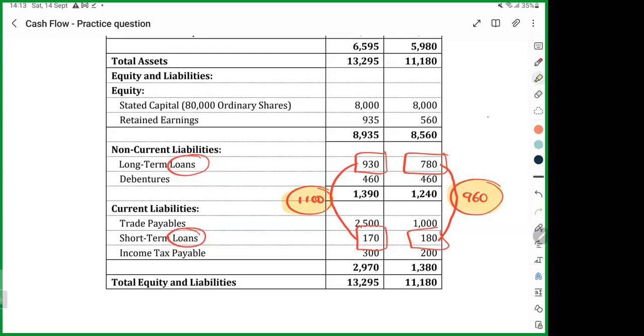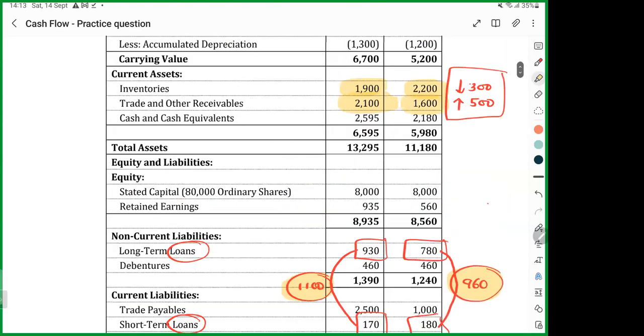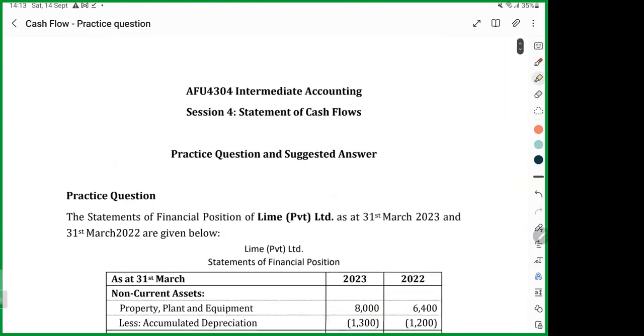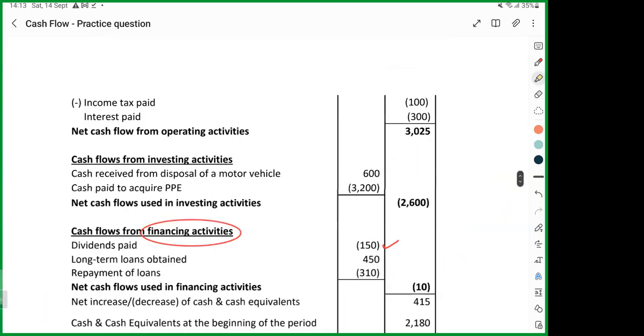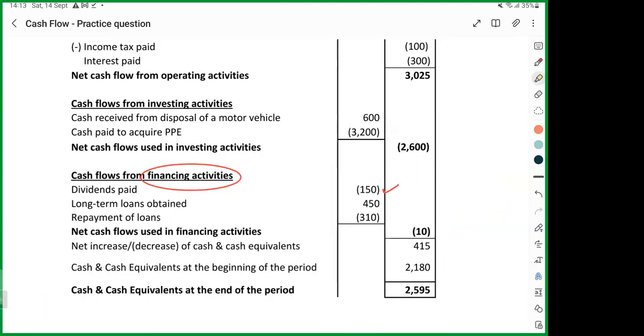Then you have net borrowing or net repayment. Loan balance increase. So net borrowing, how much? The difference, 140. So loan value increases by 140. So that's a cash flow, cash inflow.